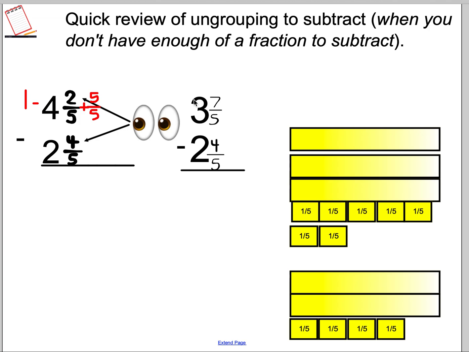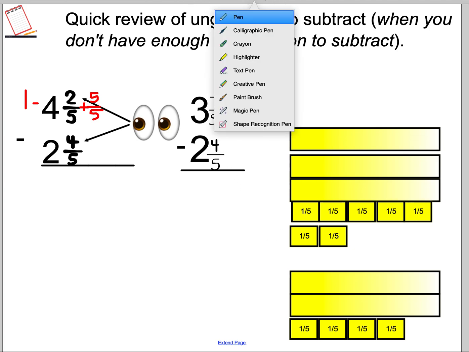That gets us now to 4 minus the 1 whole is 3. 1, 2, 3. But we really didn't just subtract, we regrouped. And I added 5/5 because that's what the denominators we're looking at. So we have 5/5 extra. So now we have 7/5. 3 and 7/5. Do I have enough to subtract now?